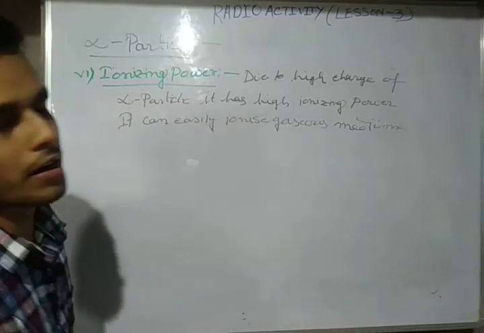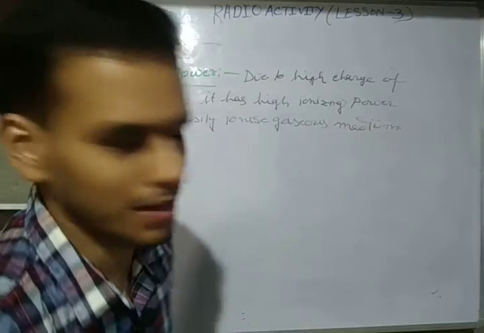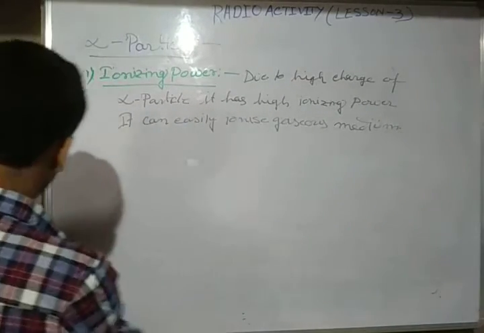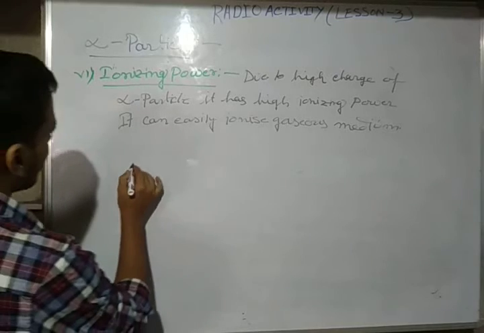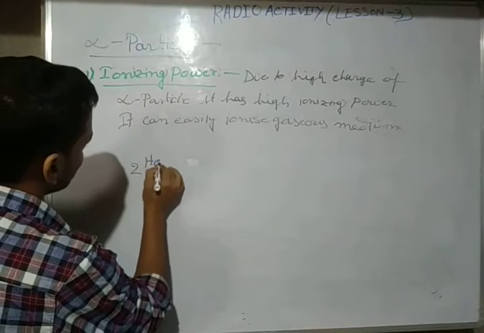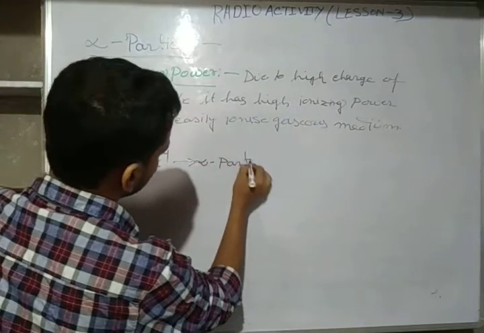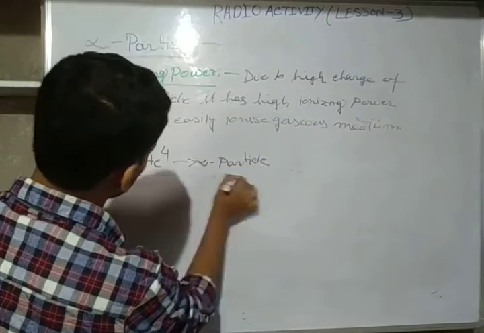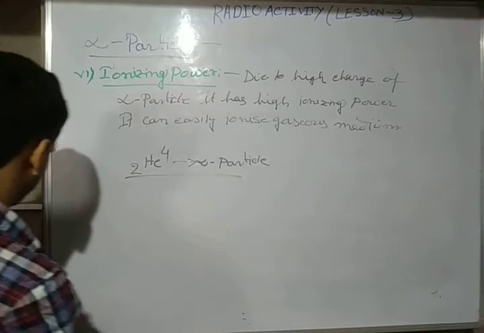What occurs when an alpha particle is emitted from a radioactive nucleus? We know that alpha particle is denoted by 2He4. Let's take an example.